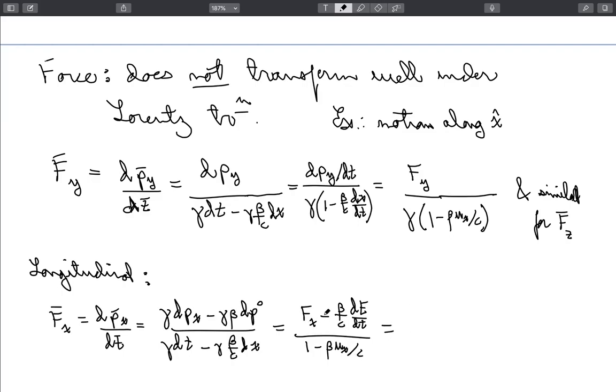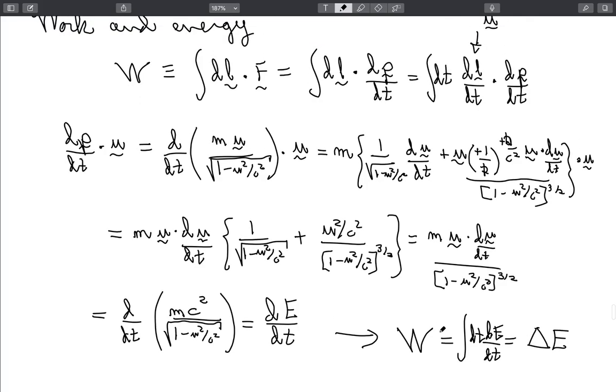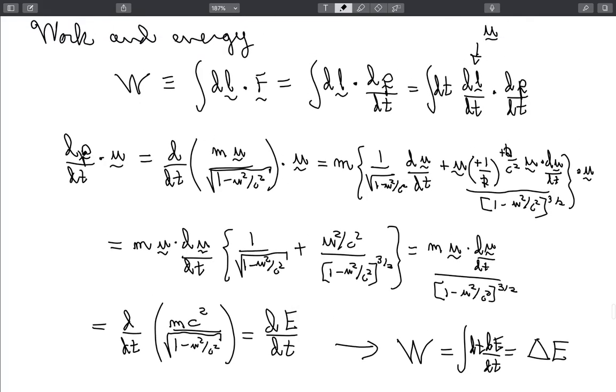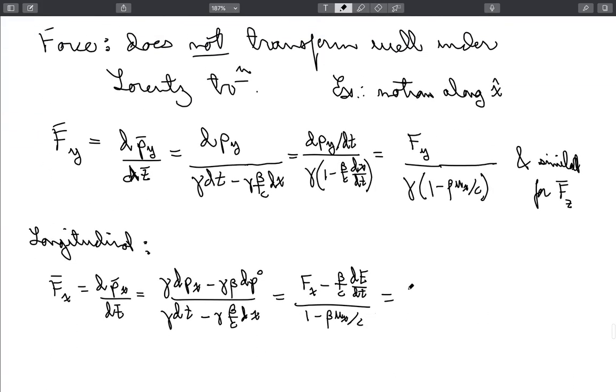So what is this? Well, actually, this dE/dt, you remember, we just calculated it. It was just u·F. That's what we just did here. We just showed that u·F was equal to dE/dt. So I can, again, use this form in here.